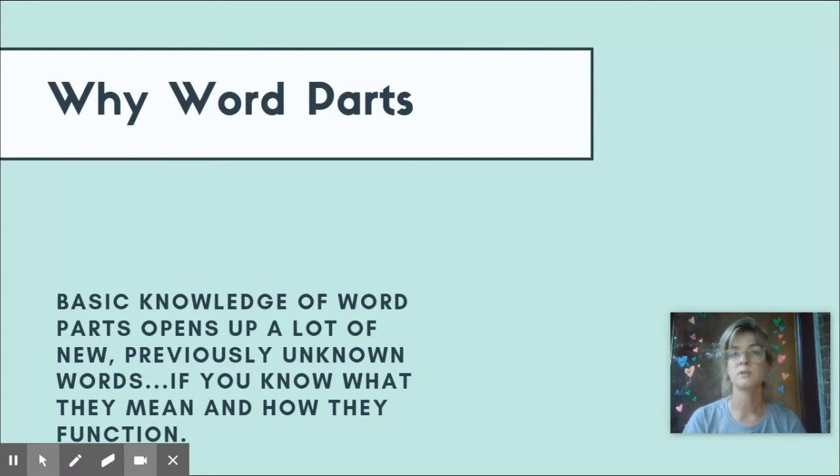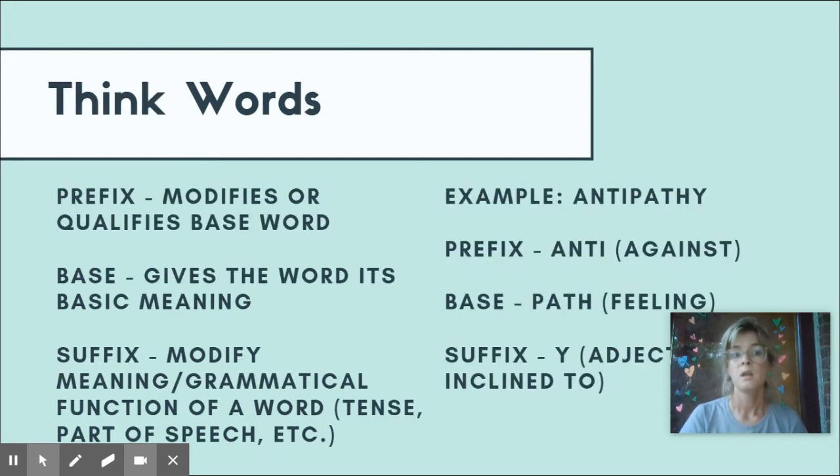Think about times that you've maybe been in a science class, and there's a really technical term that comes up. But if you can sometimes break it into those component pieces, you can usually figure it out pretty easily. So that's the big reason we talk about word parts here.